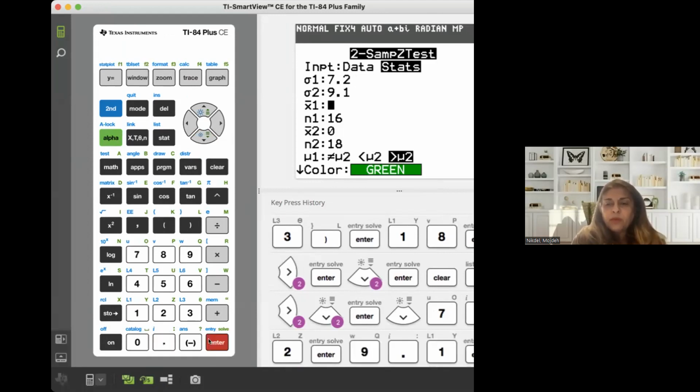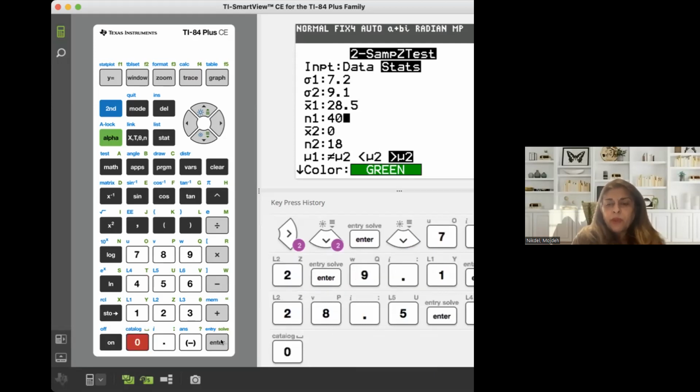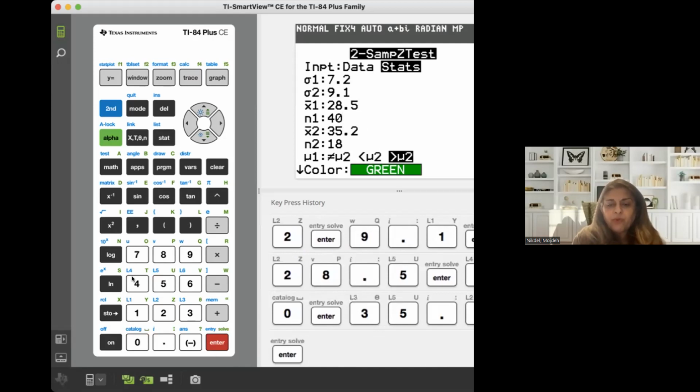What is the mean of the sample for Miami? 28.5. What is the sample size for Miami? 40. What is the mean for Baltimore? 35.2. Sample size 40 again.